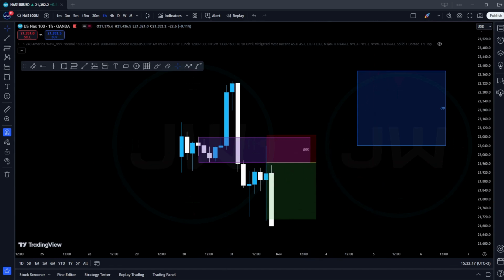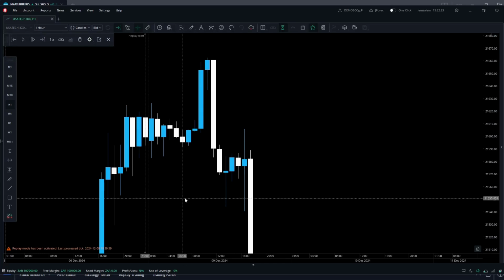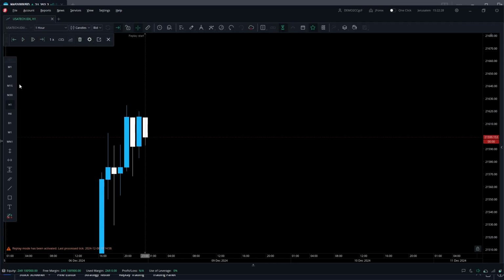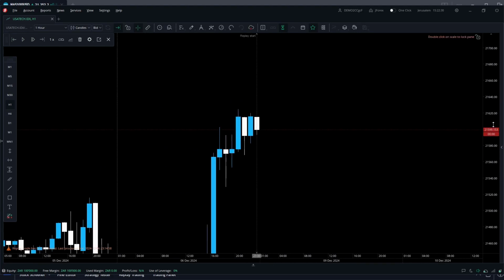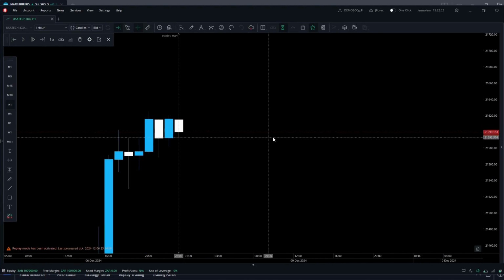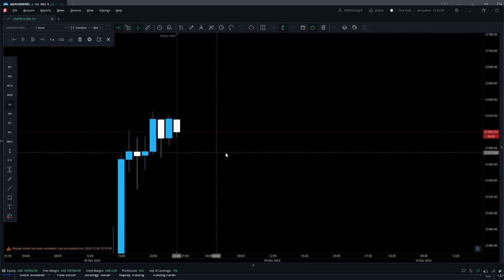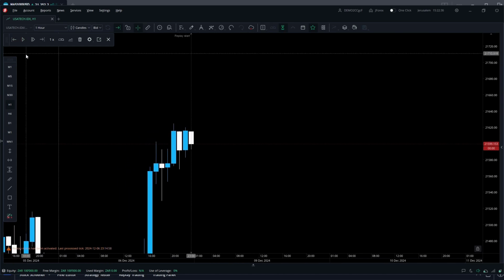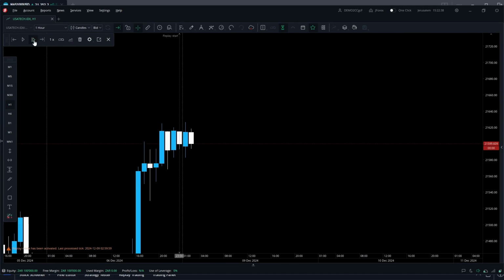If we try and catch this exact trade on the chart, I will show you how to do that. If we go back to the day, this was the 9th of December. Can just fast forward.